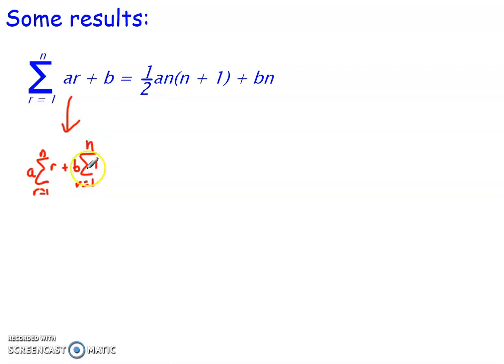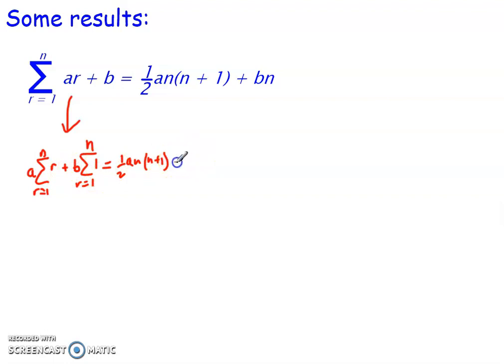Now using the previous properties, we know that the sum from r equals 1 to n of r is equal to a half n bracket n plus 1. So that's everything here except the a, but it's a times that. So that gives me the half a n bracket n plus 1 part of it.